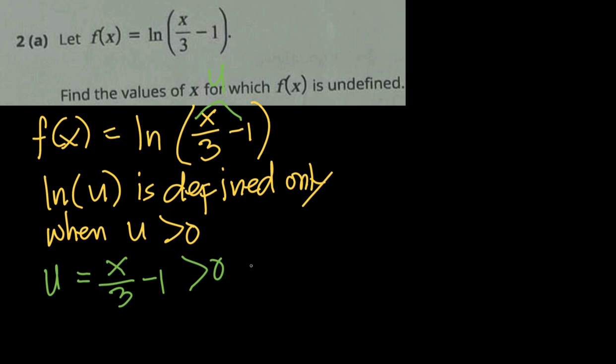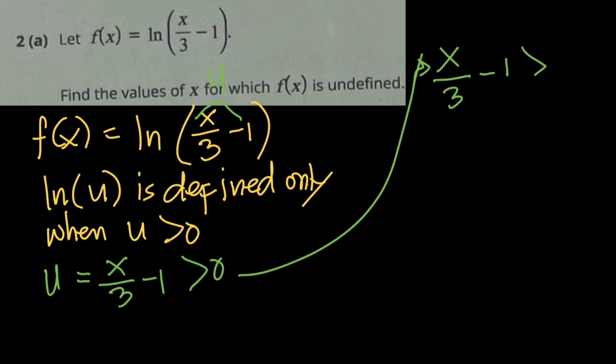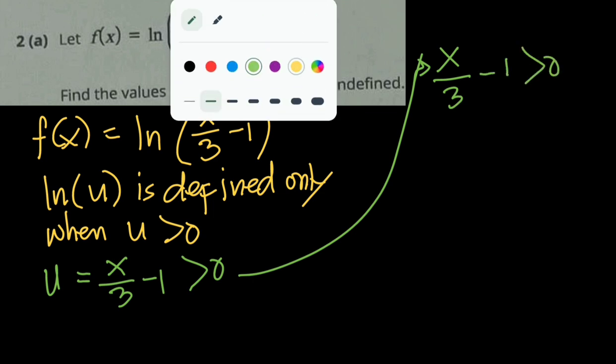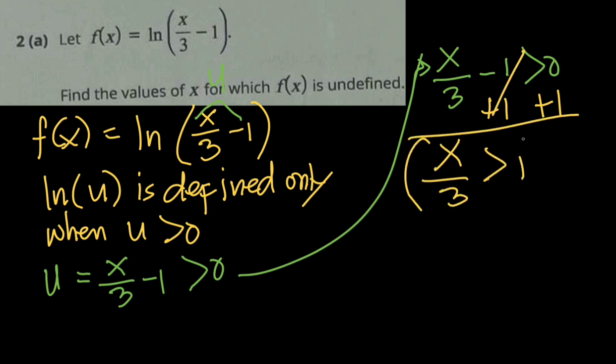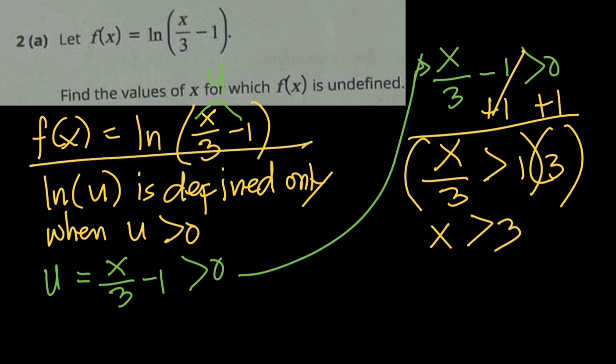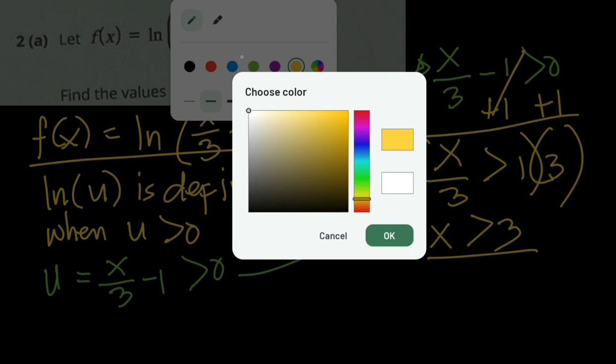And then we can solve for x. So x over 3 minus 1 greater than 0. Then we add 1 to both sides. Then we have x over 3 greater than 1. We multiply both sides by 3. Then we have x greater than 3. So that means this function is defined when x is greater than 3.